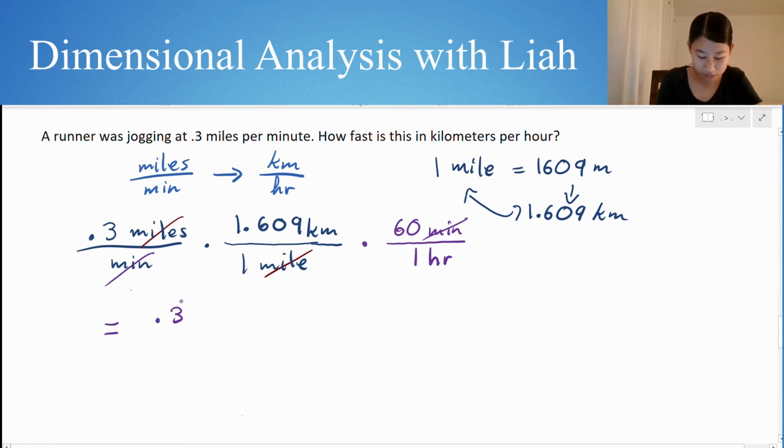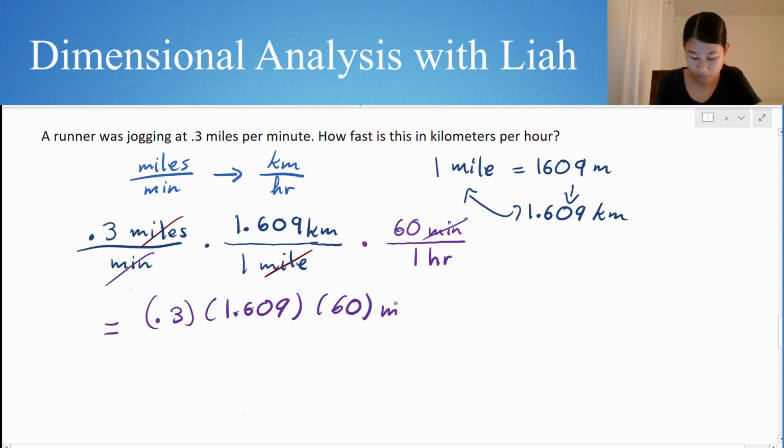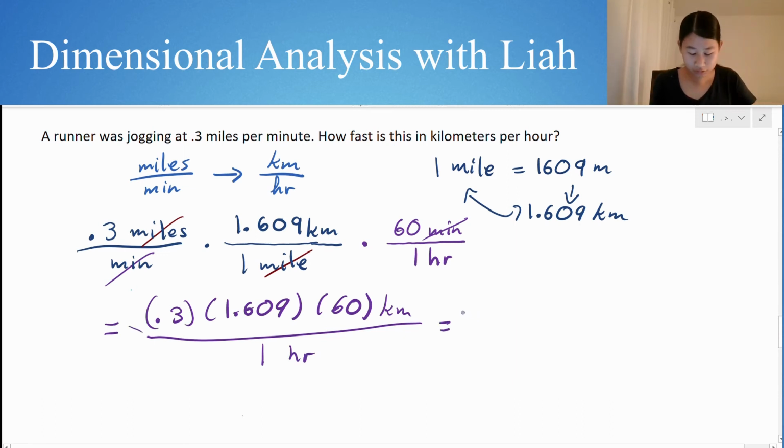So 0.3 times 1.609 times 60, and this will be kilometers on top, all over 1 hour. The answer here is 29 kilometers per hour.